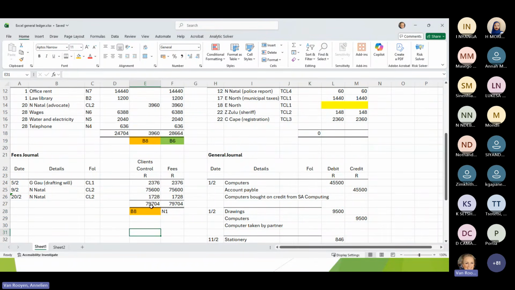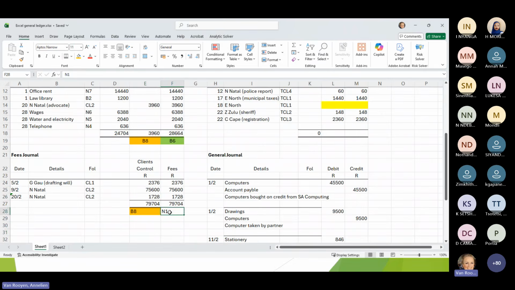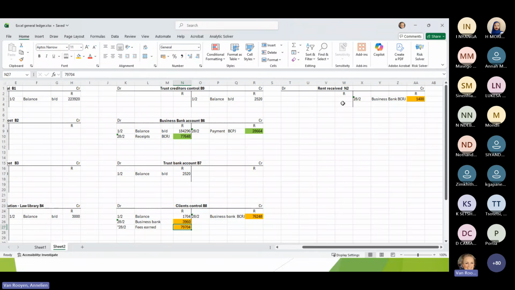If this goes to client's control, 7-9, client's control on the 28th, fees journal, fees earned or whatever. Okay. And the other one will go to N1, which is one that you will have to open.